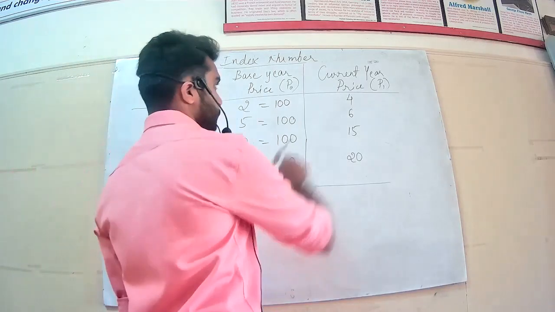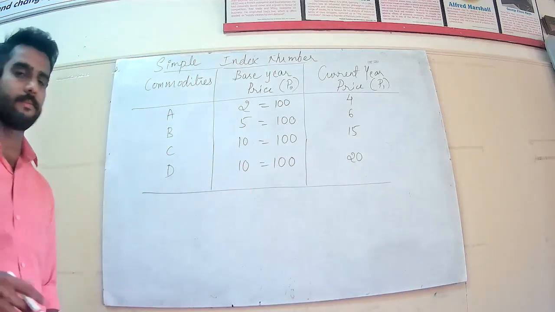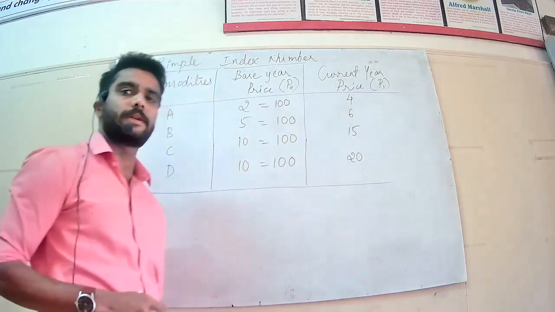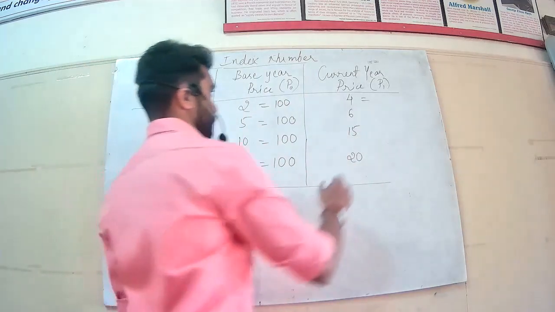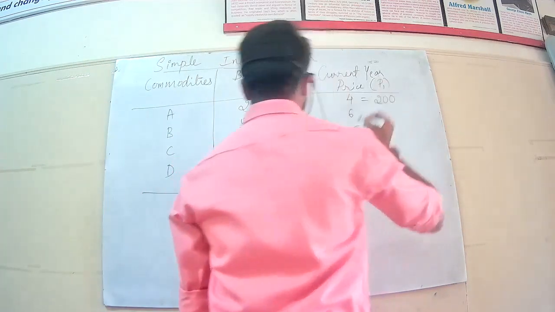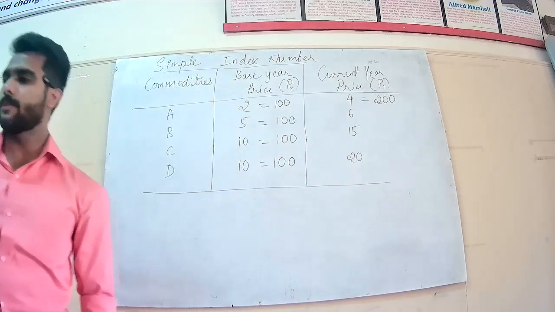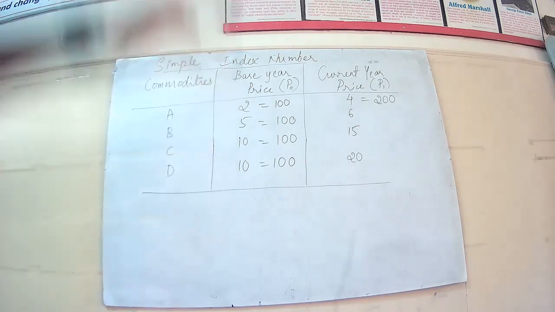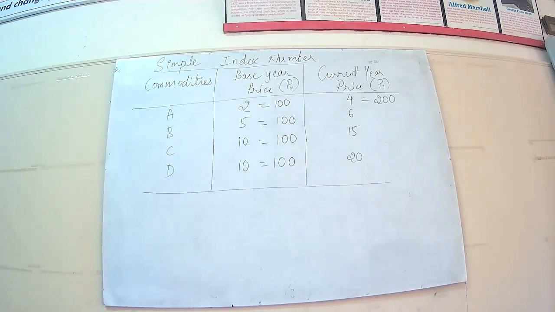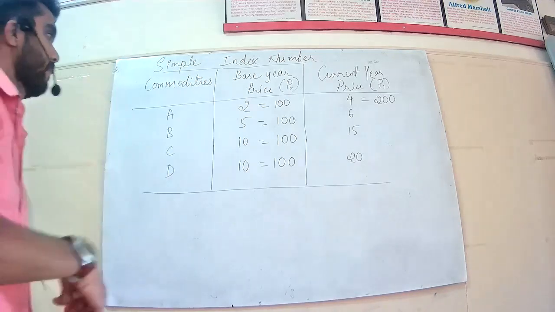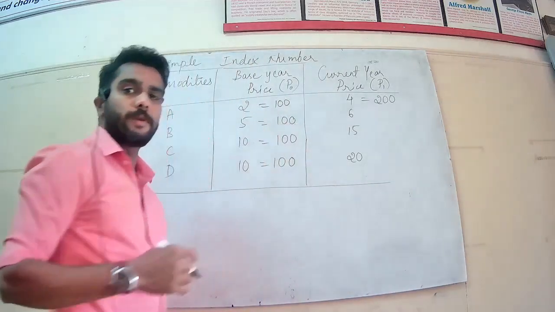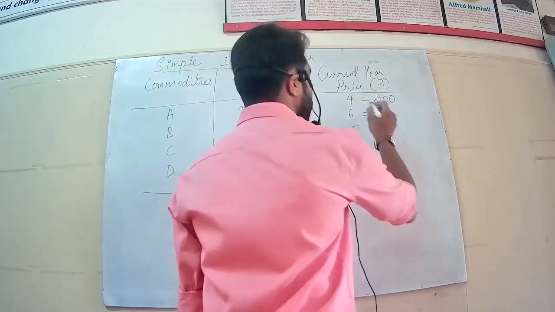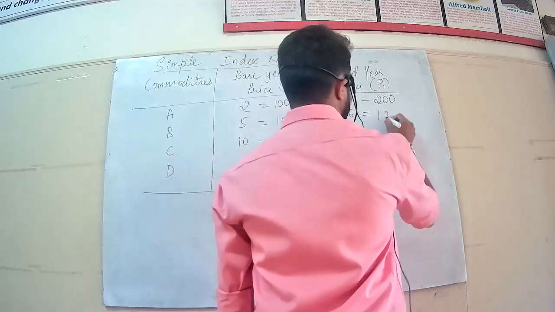On this basis, what happens to the current year prices? 2 is equal to 100, therefore 4 is equal to 200. 5 is equal to 100, therefore 6 is equal to 120, because 5 twenties are 100, so 6 twenties are 120.